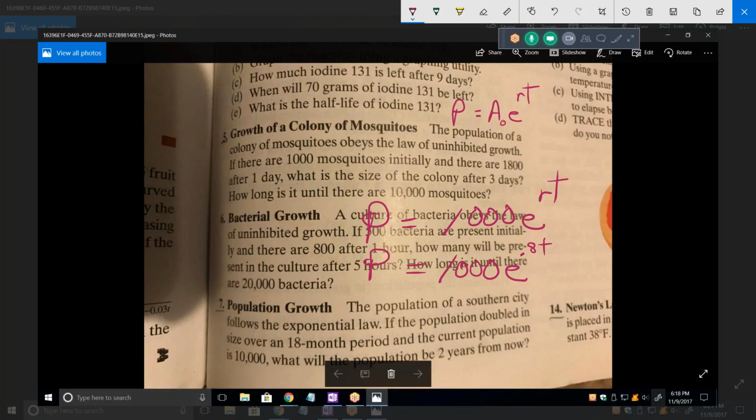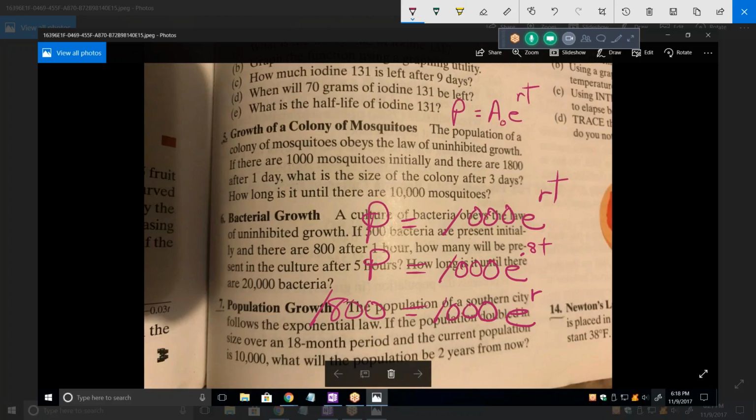We can't figure out what R is. We can't? Not the way I did it. The way I did it, I thought you could do it that way, but I'm realizing now that you don't get the same answer. The way you really have to answer that is you have to say it grows to 1,800 in one day, right?